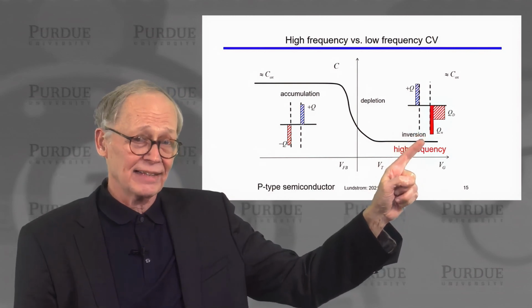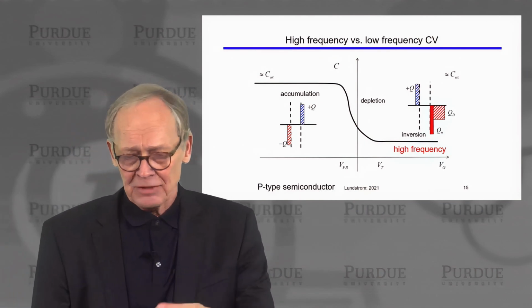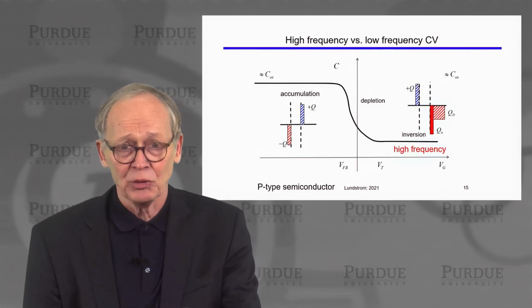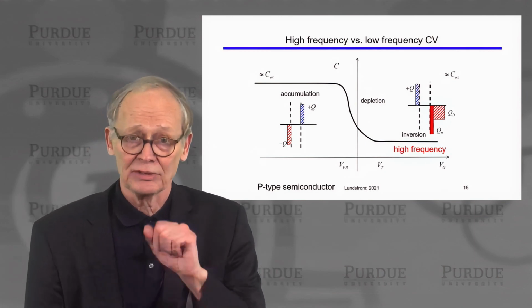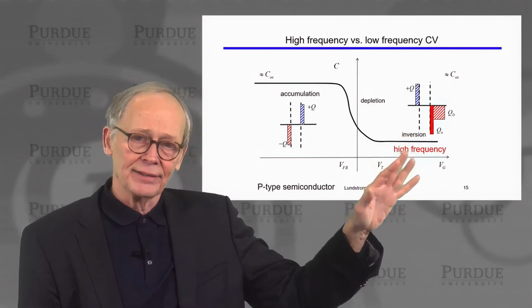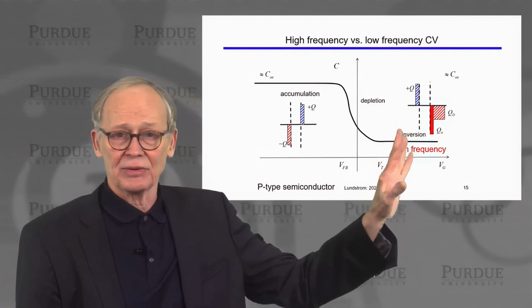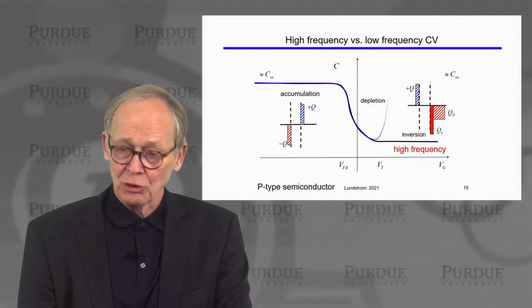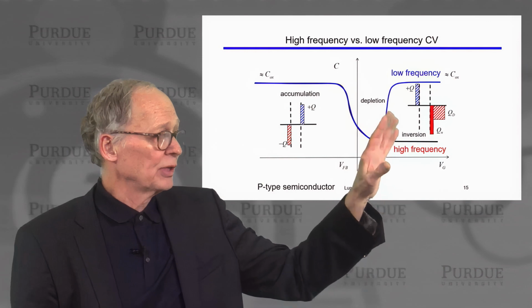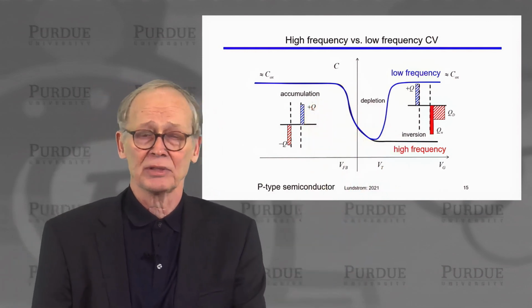And it turns out it doesn't take a very high AC frequency for that to happen. So as that gate voltage goes up and down at some frequency, and we ask for more inversion layer electrons, it takes a while to generate them. So they can't follow the signal. It's as though they are not there for the AC signal. So we measure the high frequency capacitance. Under low frequencies, those charges can follow the signal. So we measure the low frequency capacitance, and the capacitance in inversion then is very close to the accumulation capacitance.